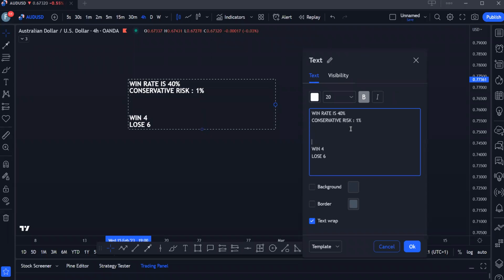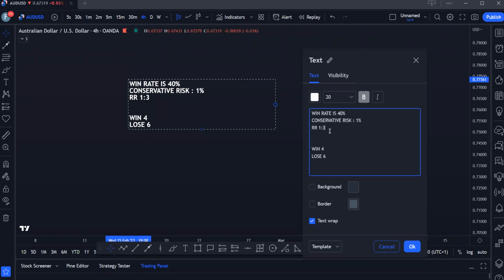Okay, now let's talk about risk reward. If my risk reward minimum is 1 to 3, that means I've been able to optimize my trading system to deliver at least 1 to 3 risk to reward on every trade that I take.